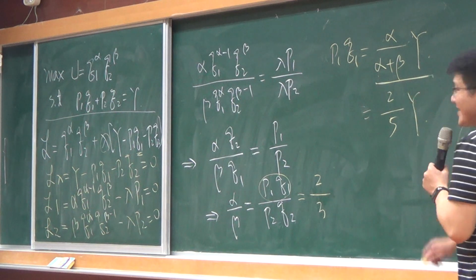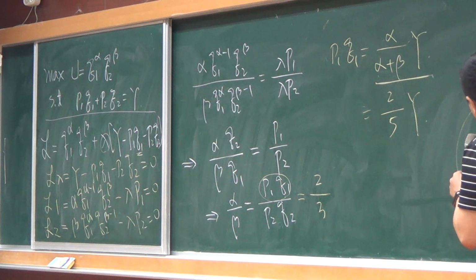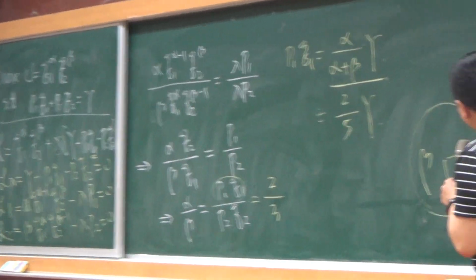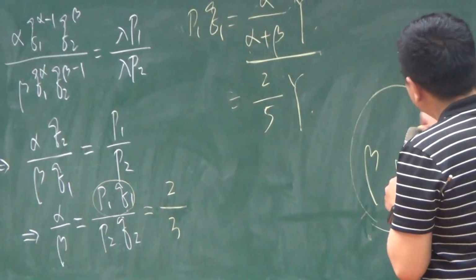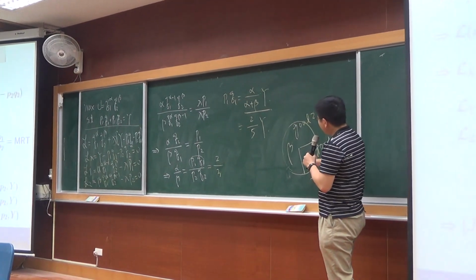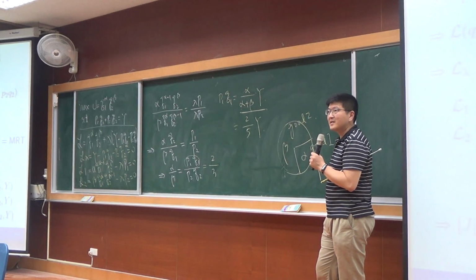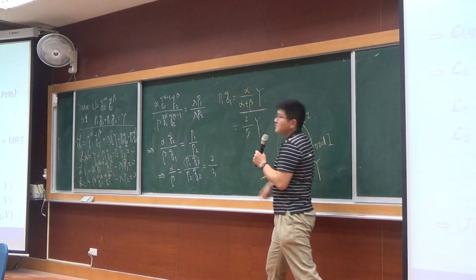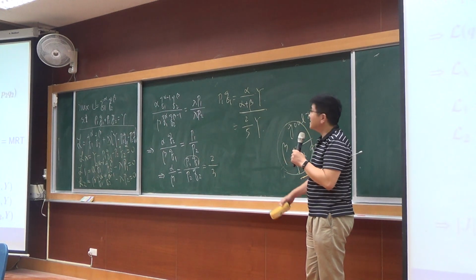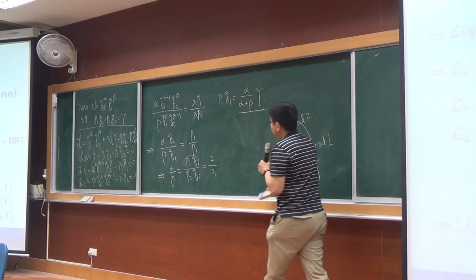You got a pie, this is your Y. And alpha to beta. So this is on good 1. And this is on good 2. If it is alpha to beta, then totally it would be alpha plus beta, right? So alpha over alpha plus beta is the proportion you spend on good 1, right?